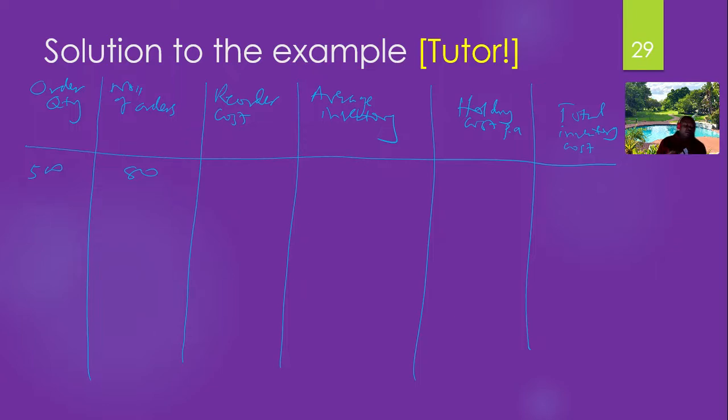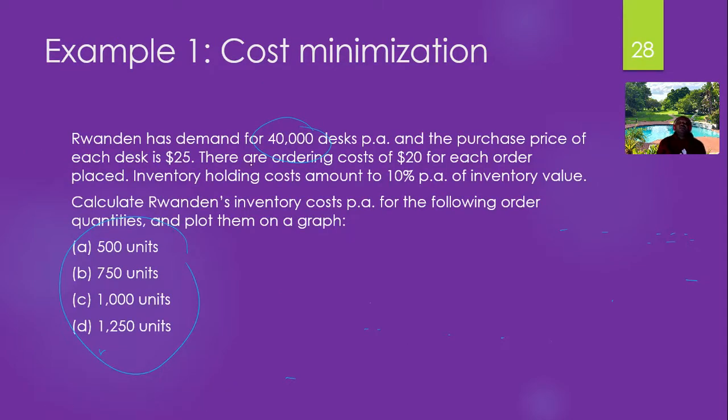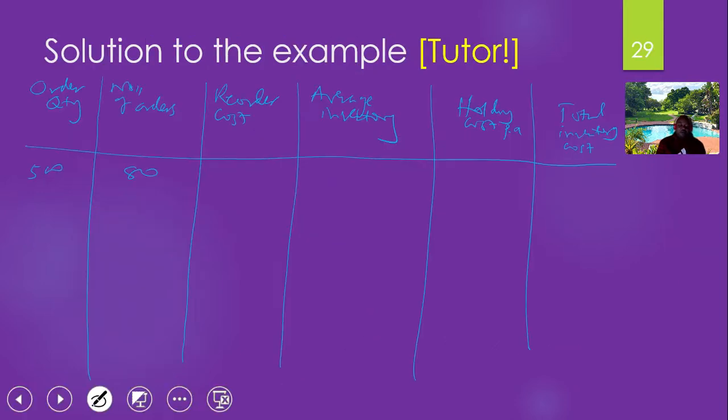Now, the reorder cost. We know the ordering cost is $20, so that's 20 multiplied by the number of orders, that is 8. So that's $20 per order. 20 multiplied by 80, we get 1,600.